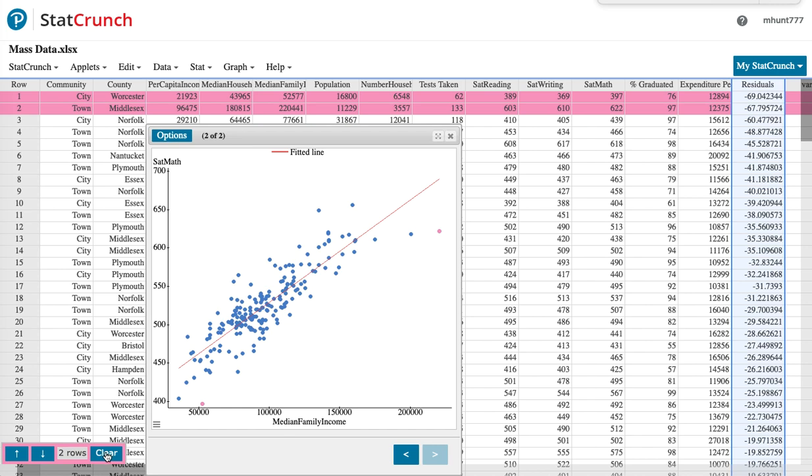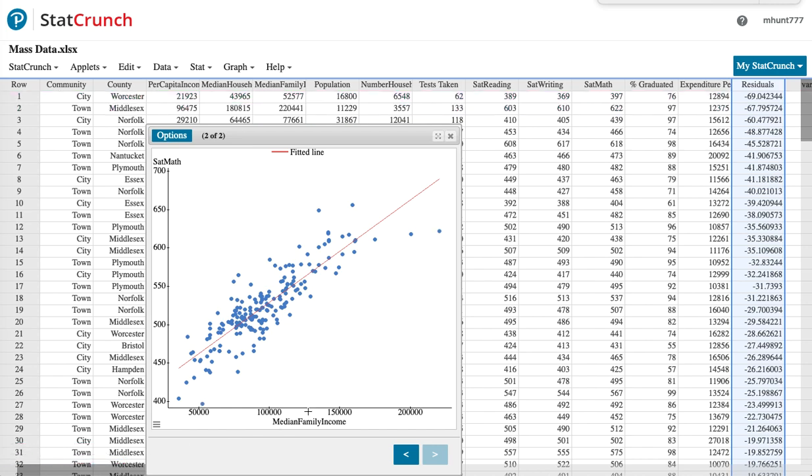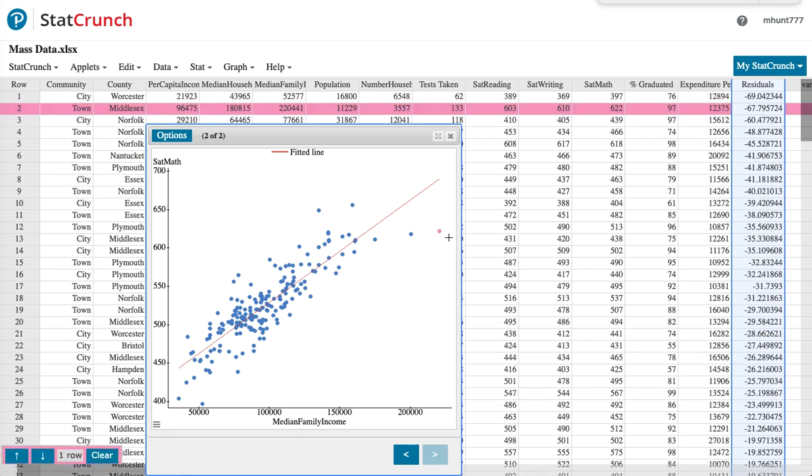Let's clear those rows. Now, if we were going with our gut feeling and put a little pink box around this because it looks to be a low residual, it looks to be far away from the regression line on the low side. There it is, Middlesex.